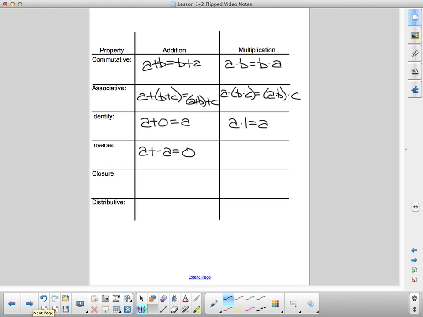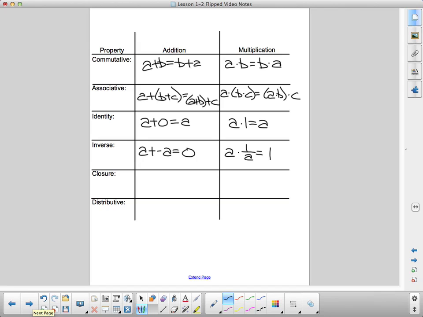That's your inverse property for addition. Now for multiplication, it's what can we multiply times our number to get back to 1. So it's the multiplicative inverse of that number. So A times 1 over A would equal 1, canceling out with the fraction. So that's inverse.